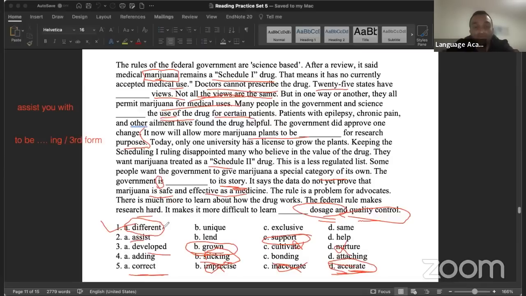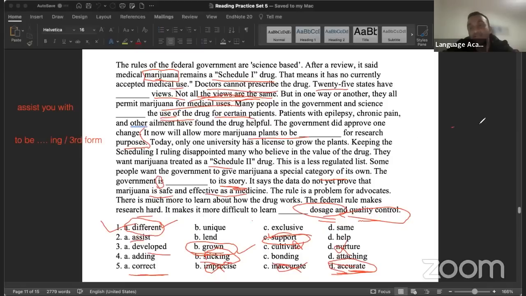So the first one was different, since he's talking about how the views are not the same. So that is why it will be different. Second one will be support. Third one will be grown, because again with "to be" you will use the third form of verb. All right. Fourth one, it's in the continuous and sticking to its story. It's like a collocation as well. And the last one will be difficult to learn, accurate dosage.